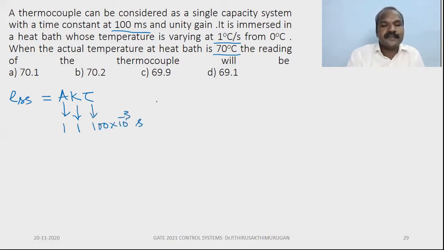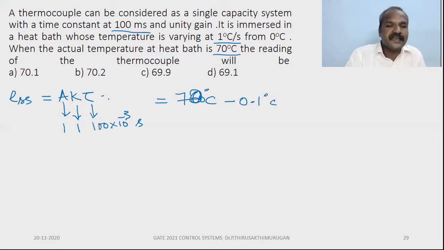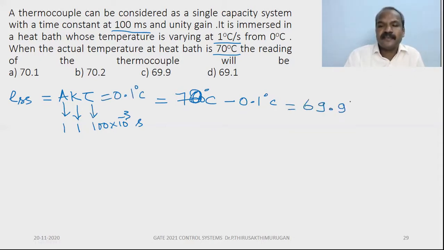If you multiply this, the steady state error is 0.1 degree Celsius. So what is the correct answer? 70 degrees Celsius minus 0.1 is 69.9 degrees Celsius. So the correct answer will be C.